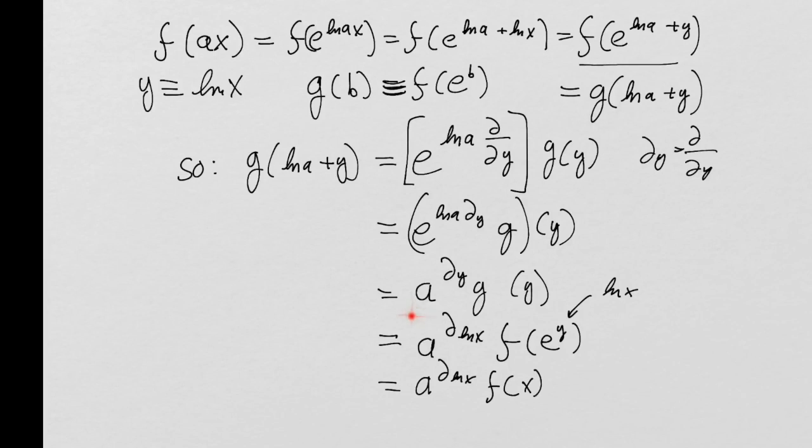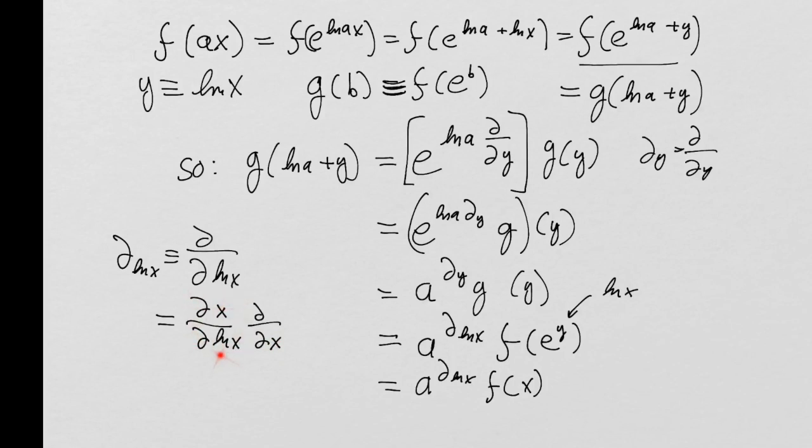So how do we think about this guy? How do we think about partial ln x? Partial ln x is defined as the partial derivative with respect to ln x. And we want to think of this in terms of a derivative of just x. So it has to be this, right? This is what cancels for the chain rule to work. You have the partial derivative of x with respect to ln x, and then you have d by dx.